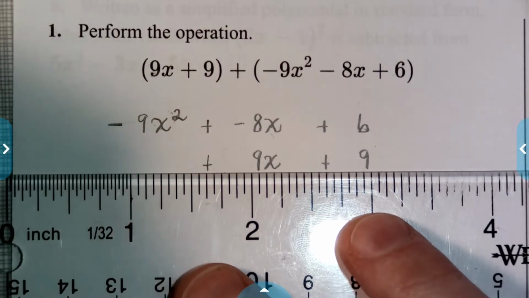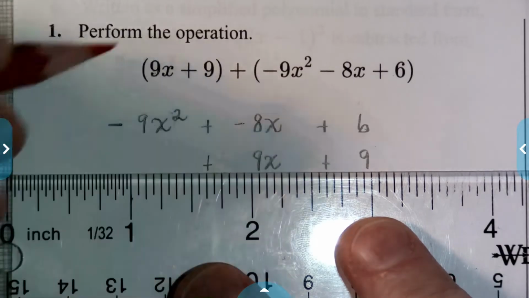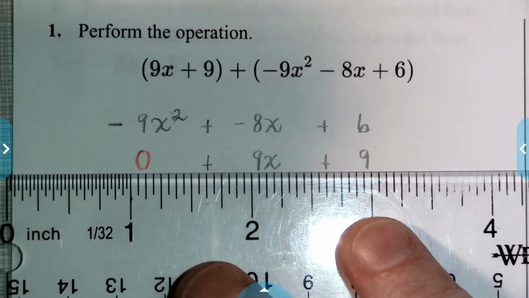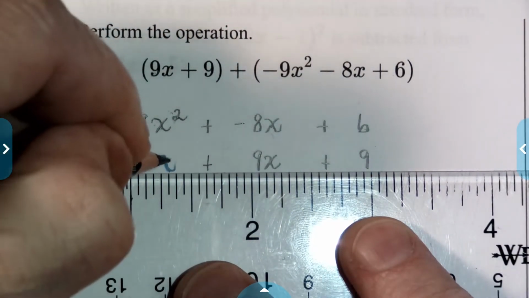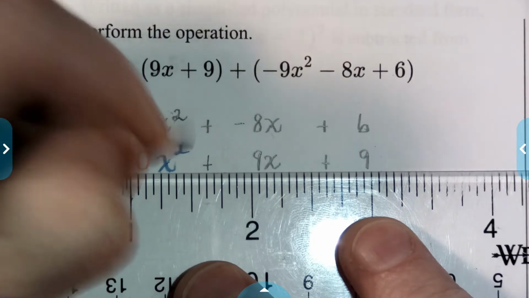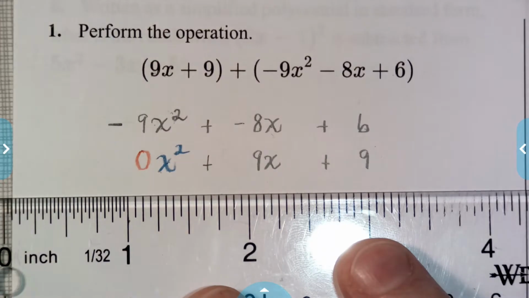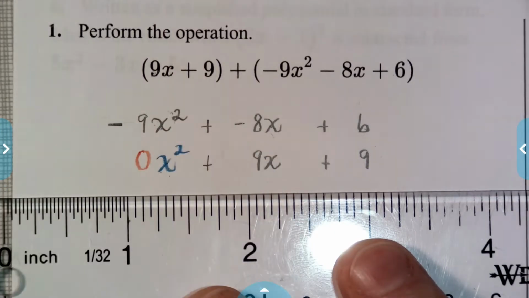If I wanted to clarify something for you, this is 0x squared. So now you've got a trinomial and a trinomial. 0 times anything is 0, so that's why it's just not there at all.